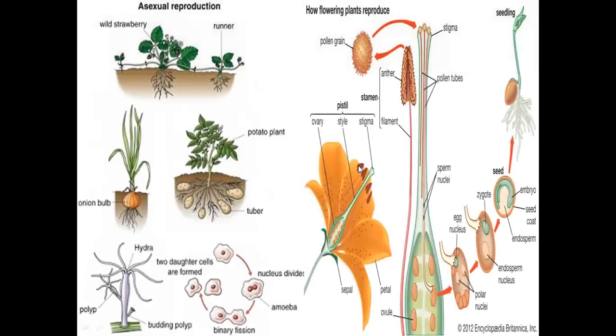So if we see the difference between sexual and asexual reproduction in plants, you can see here, this is wild strawberry and these are runners, like when we grow a smaller plant into the ground.